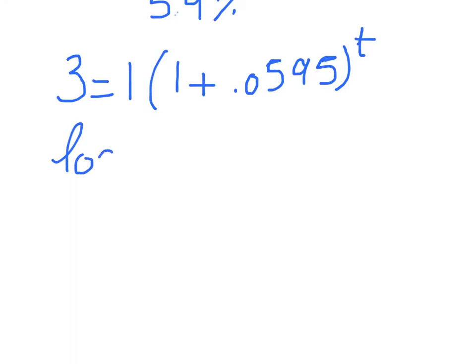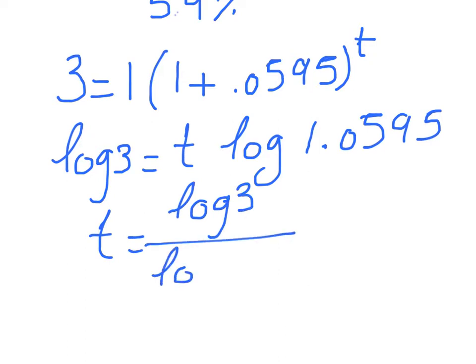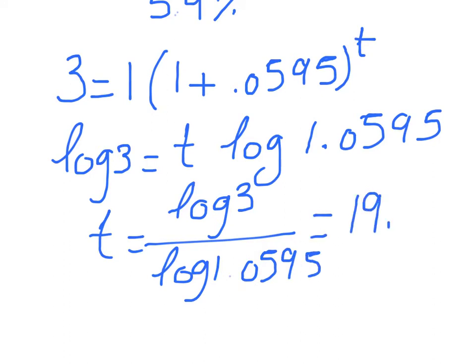That will give us log of 3 is equal to t times the log of the base, which is 1.0595. Solving for t, that will be log of 3 divided by log of 1.0595. And this is going to give me an estimation of 19.008, or simply 19 years will be good.